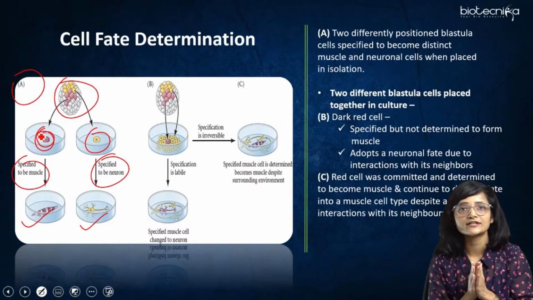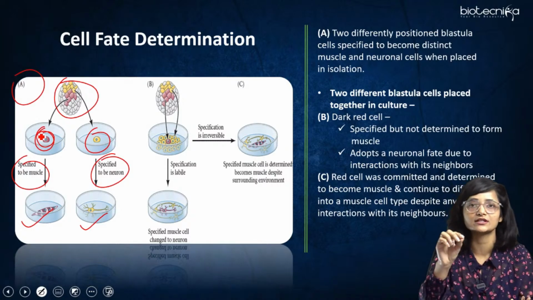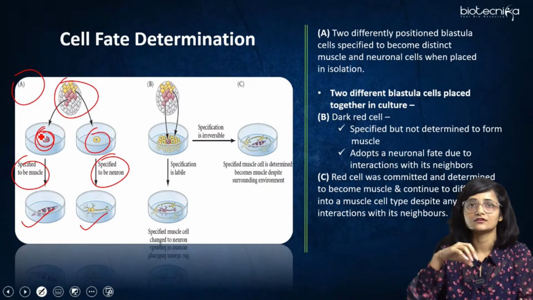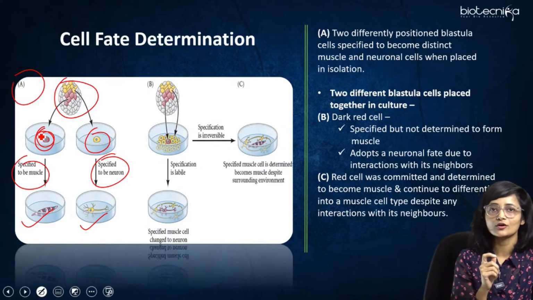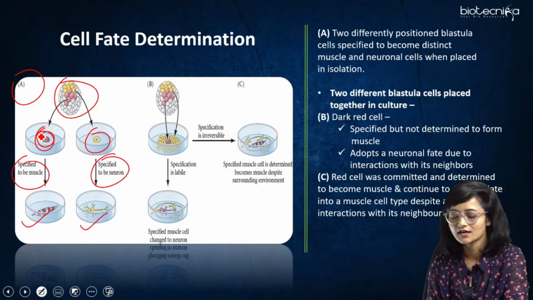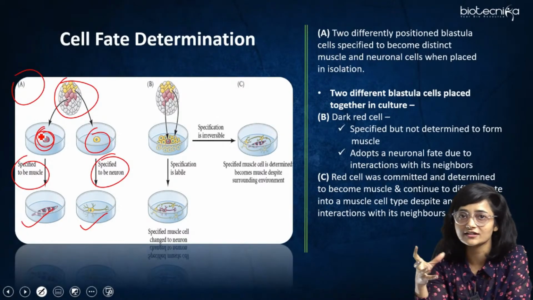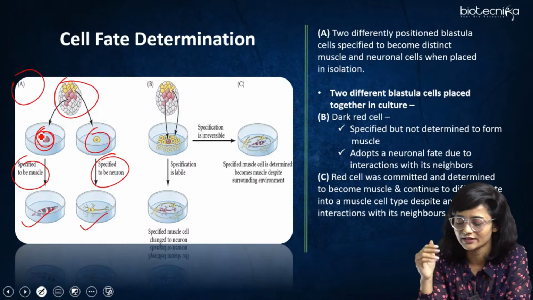But in another diagram, the red cells which were producing muscle cells are placed in between the yellow, neuron-producing cells, and the external factors responsible for producing muscle cells are also given here.